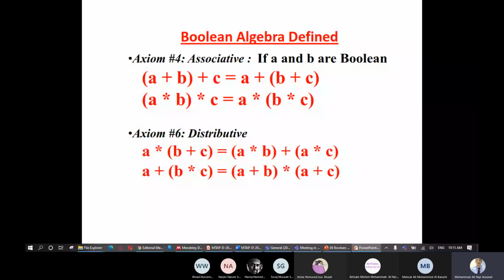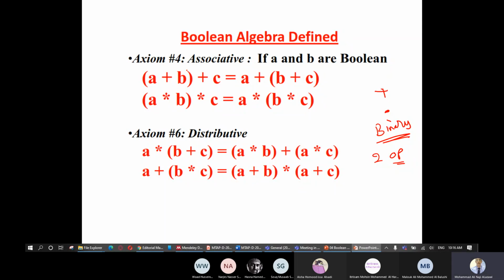Associative. As you remember, when we discussed, we said the OR and the AND operations are binary operations. And I told you binary doesn't mean that they are used for binary numbers only. That means they take two operands only. So I cannot apply A plus B plus C directly.